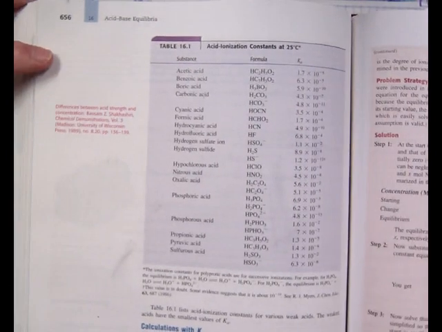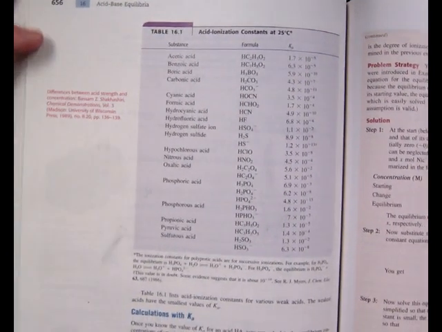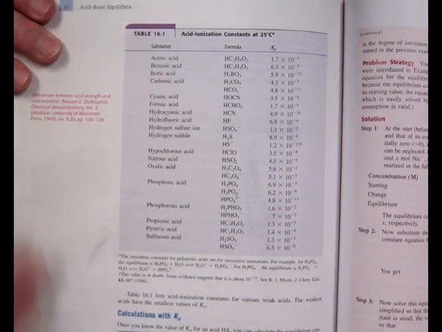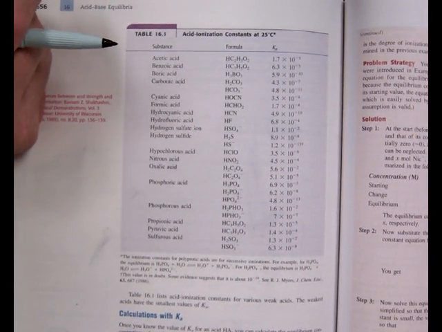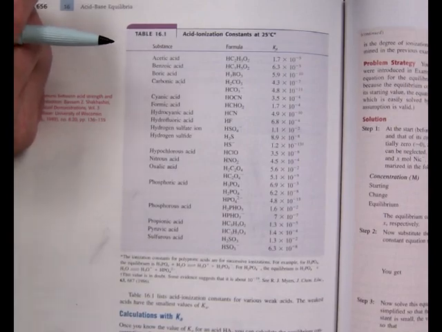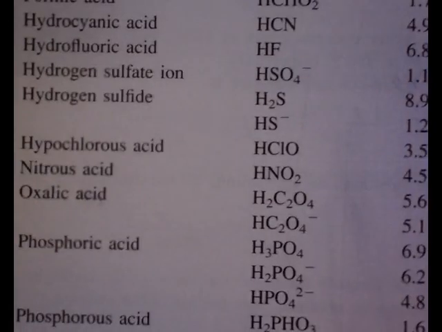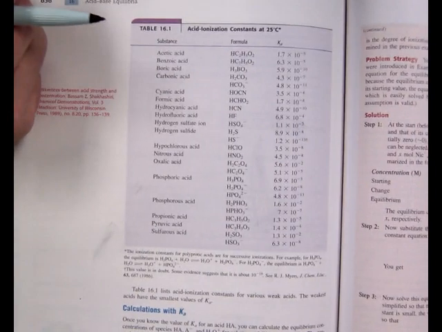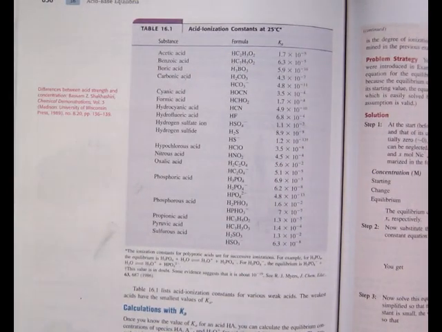Here is a table of acid ionization constants for weak acids. Acetic acid, here's the formula.